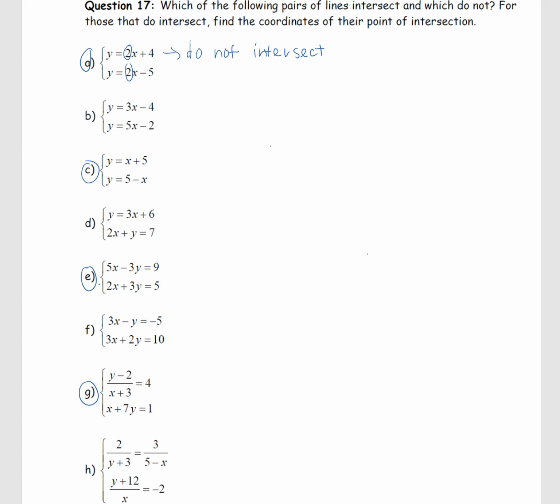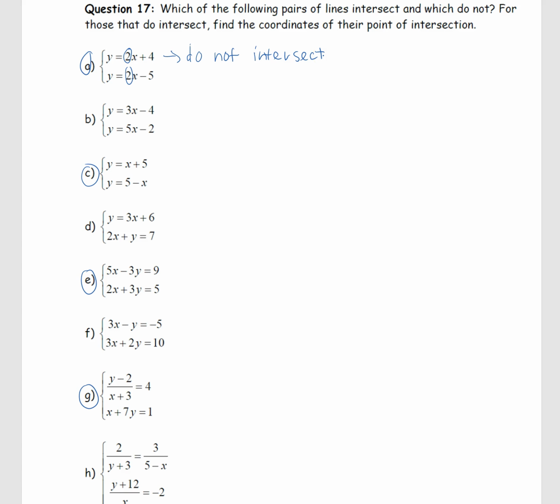Question G is a little bit harder, and we'll have to rework that one to put it in the form where we can see that our slopes are not going to be the same and these lines will intersect. For all of these, we can also just start trying to solve for x and y, assuming that they intersect, and if they don't intersect, if they are parallel by some chance, then that system just won't work out.